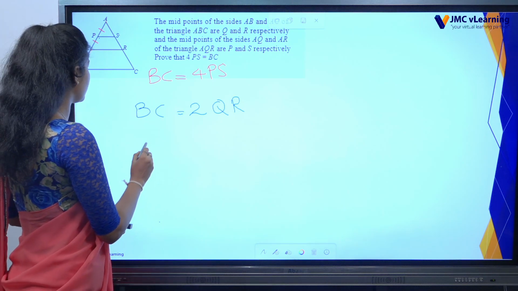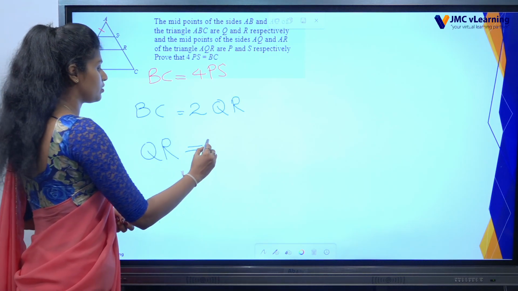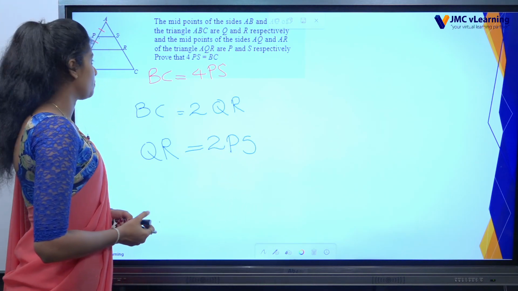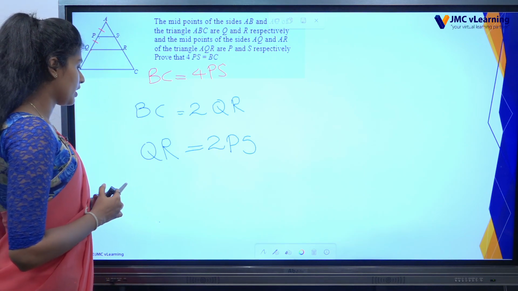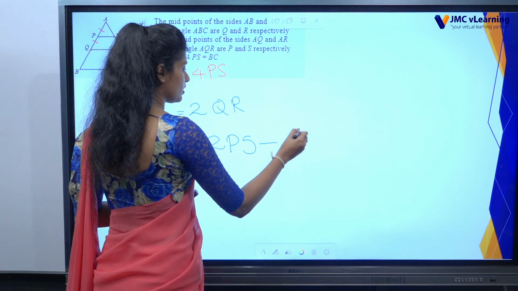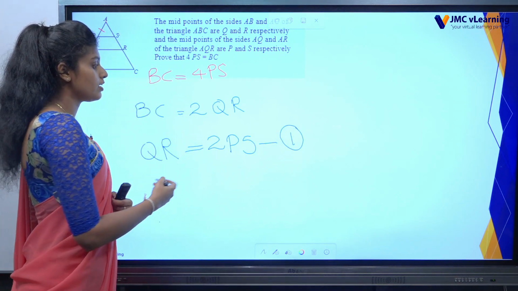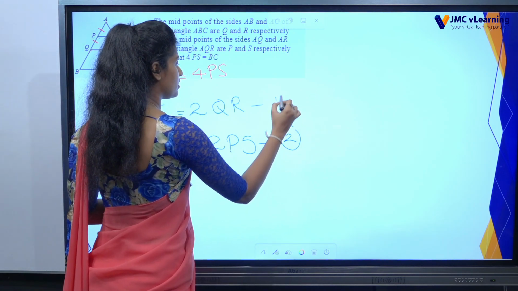So we can write QR is equal to 2 times PS, because PS is the half of QR. This one I am taking as second equation, this one is first equation.